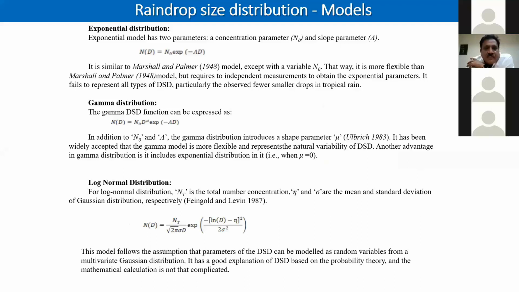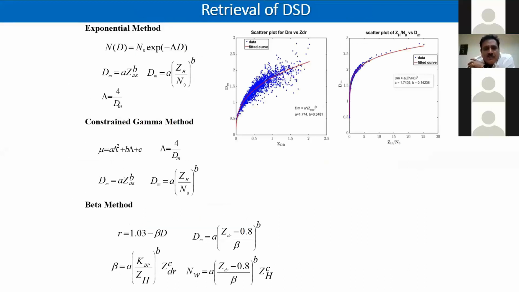Some people describe it with an exponential distribution, some with a gamma distribution, some with a log normal distribution. But whatever distribution you use, you can directly retrieve the drop size distribution with the polarimetric radar.